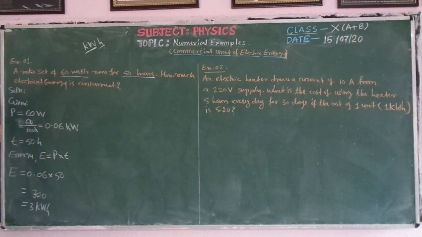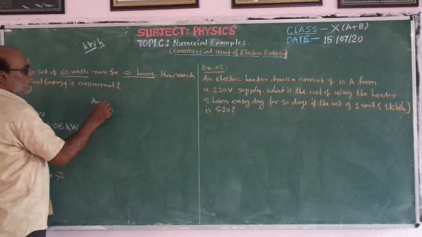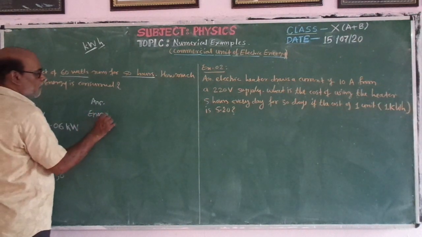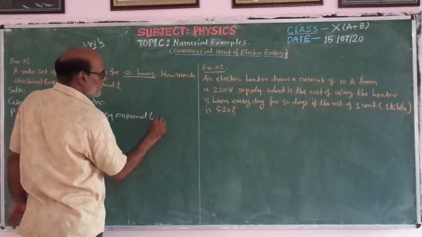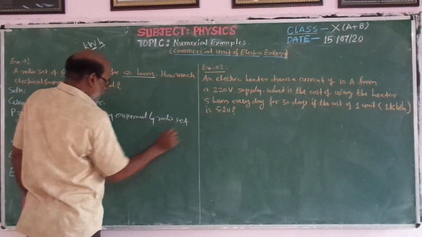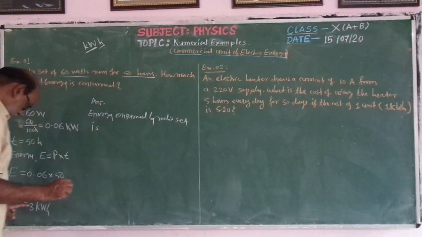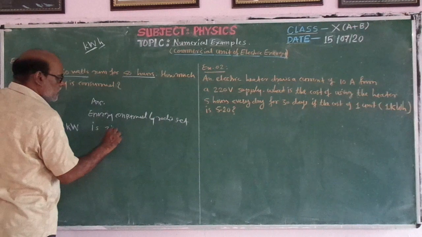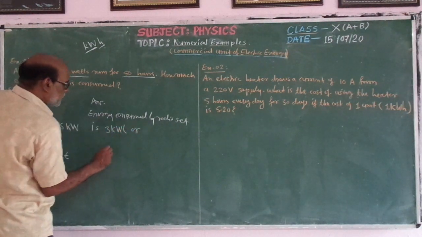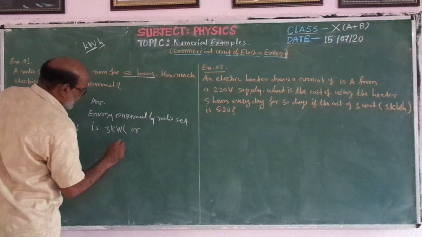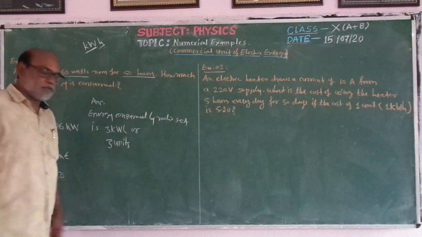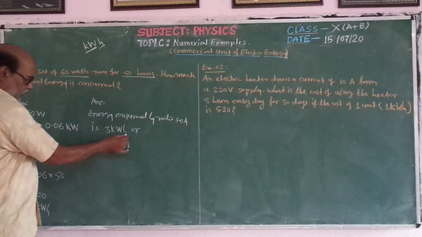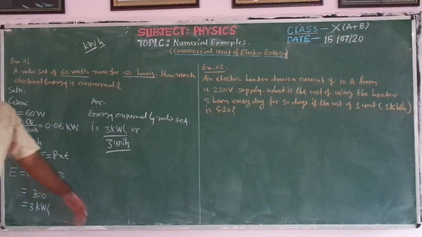Now what is the meaning of 1 kilowatt hour? 1 kilowatt hour का अर्थ होता है 1 unit, and therefore the answer will be the energy consumed by the radio set, E, I am writing 3 kWh, or it can be written as 3 units. जो हमारे मीटर में हमारे घर पे हमेशा यूनिट्स बोलते हैं ना, same thing. Therefore the answer is 3 kWh or 3 units.